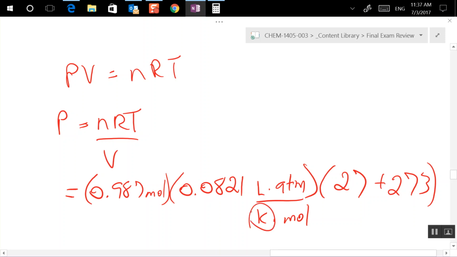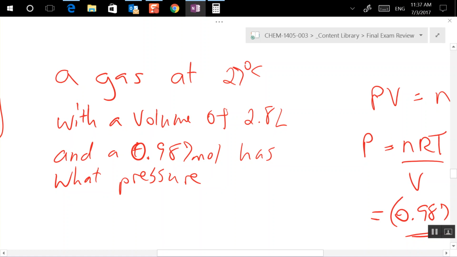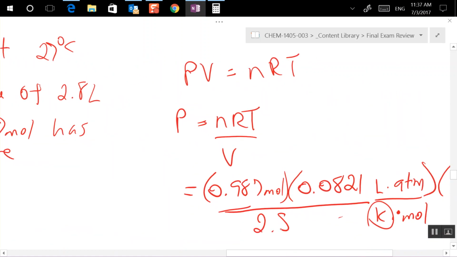Look, my constant has units of Kelvin. I cannot cancel degrees Celsius with Kelvin. And my volume here is 2.8 liters. Is that acceptable? Liters? Yes. Liters, liters, moles, moles.